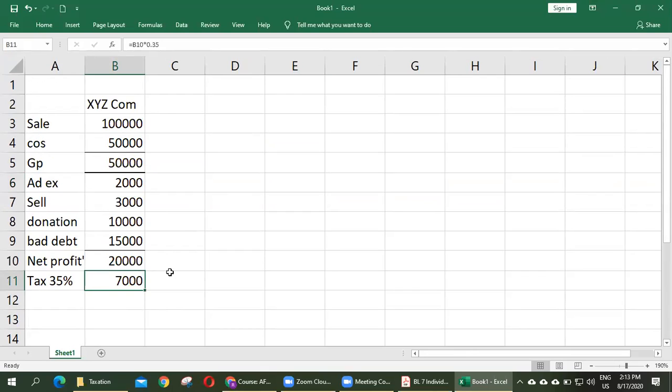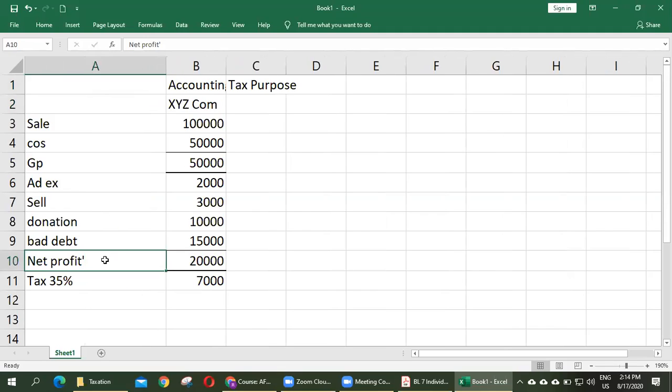But for tax purposes, this is for accounting purposes. This net profit is called accounting profit. This 20,000 is accounting profit.